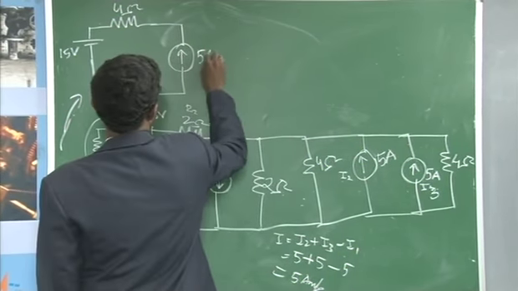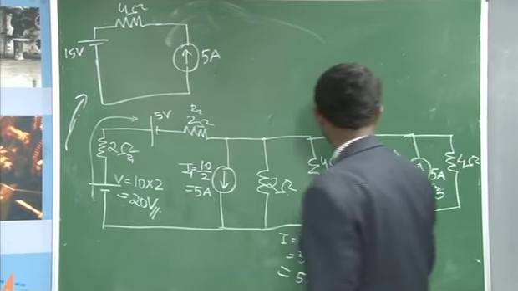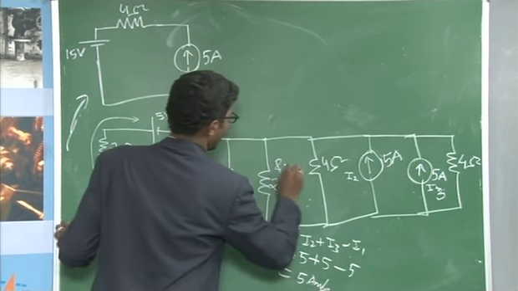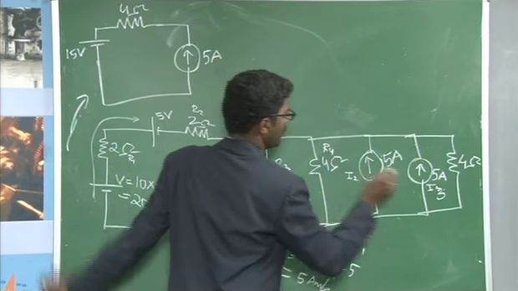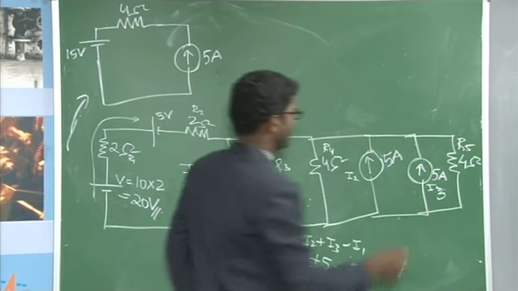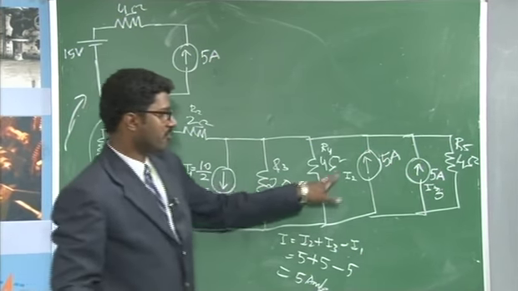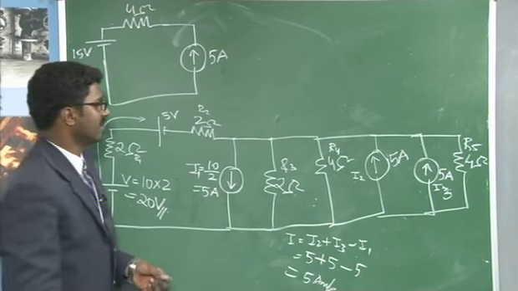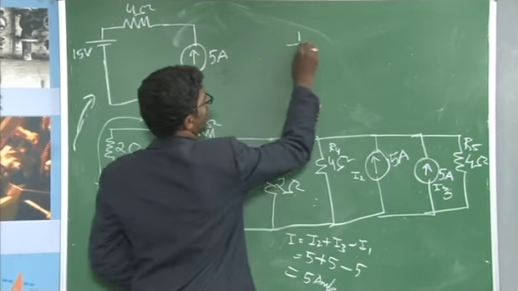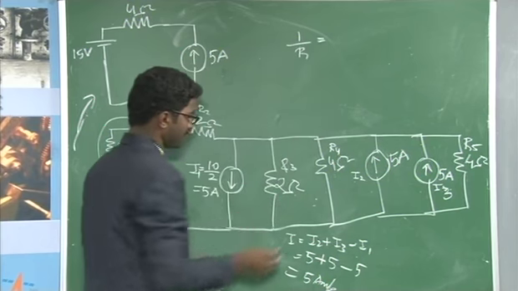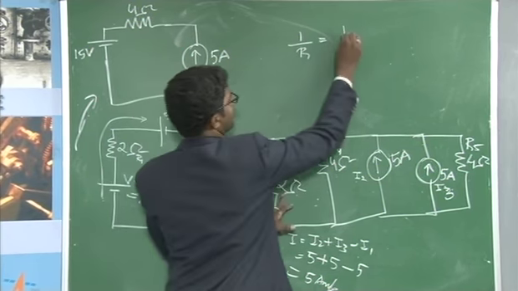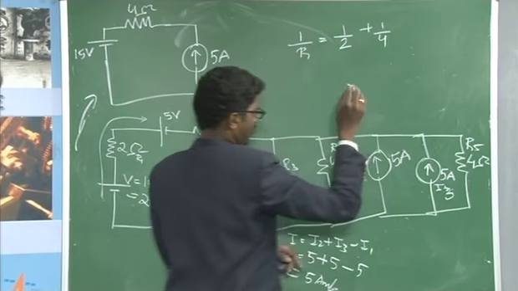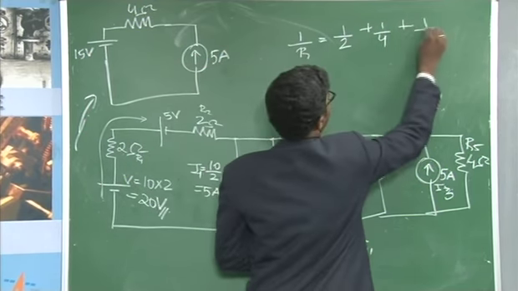The magnitude of this will be equal to 5 amps, and you can see here this 4 ohm, I will call this R3, R4 and R5. As R3, R4 and R5 are in parallel, you need to determine the equivalent resistance. That is, you know that 1 by R is equal to 1 by R3, that is 1 by 2 plus 1 by 4 plus 1 by 4.